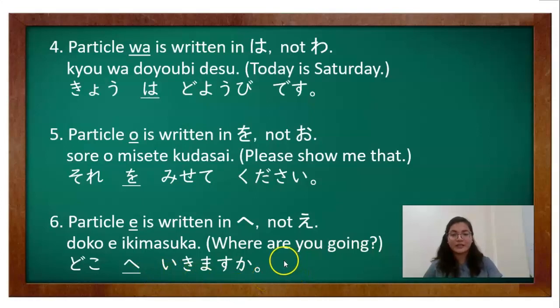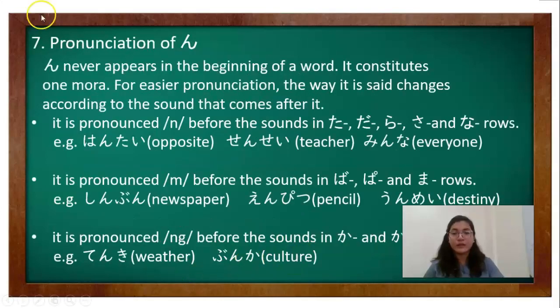Okay, next is the pronunciation of N. N never appears at the beginning of a word in Japanese. It constitutes one mora, and for easier pronunciation, the way it is said changes according to the sound that comes after it.